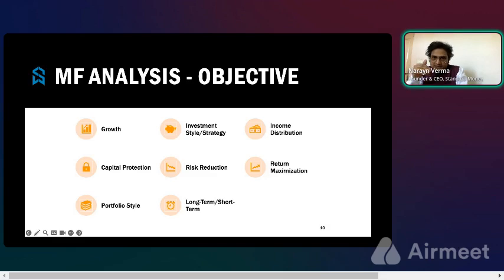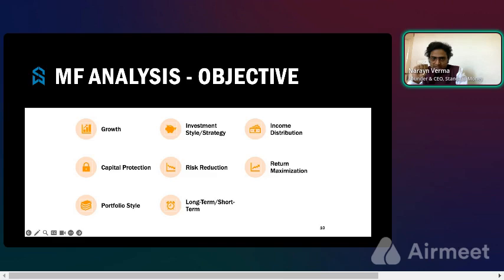And if the fund is vying for maximum return, they are trying to include securities which are going to be highly volatile, and there is a possibility of higher than market returns in these securities like value stocks, low PE stocks.